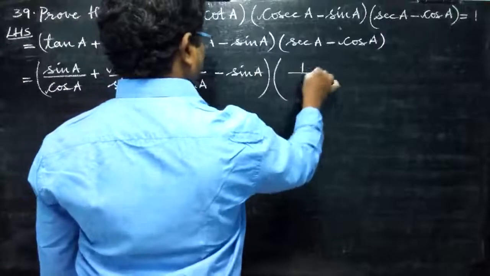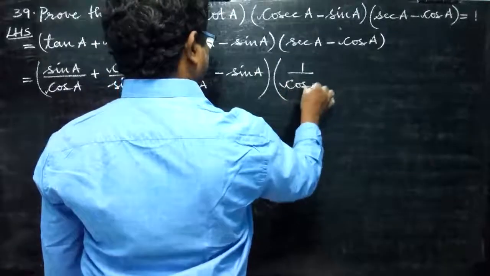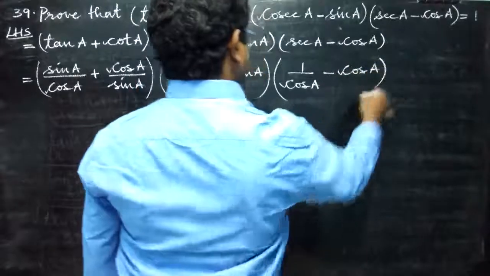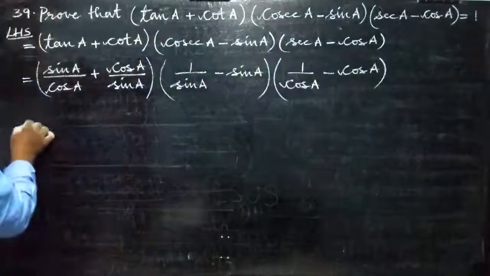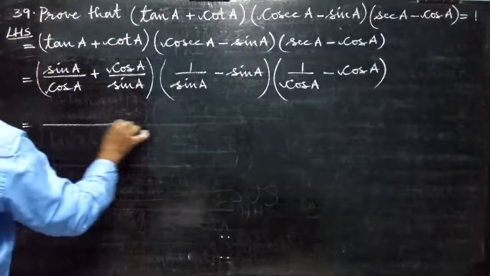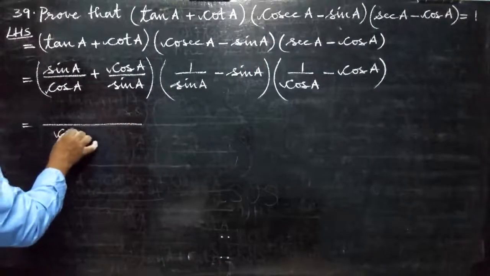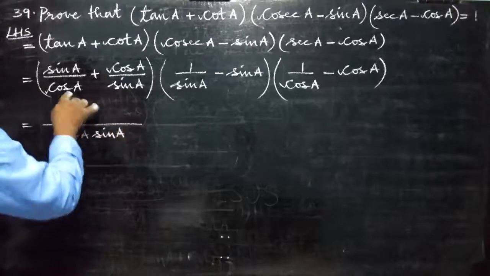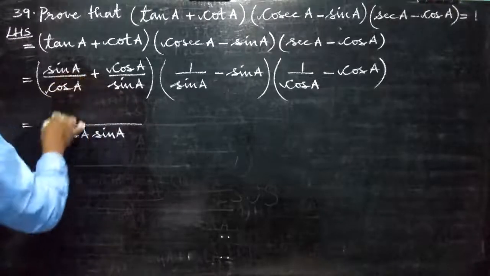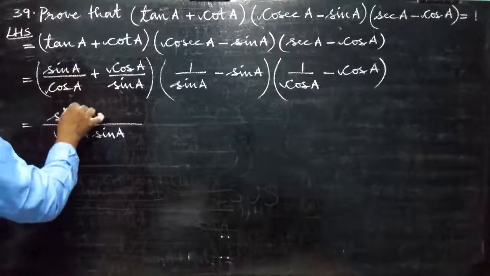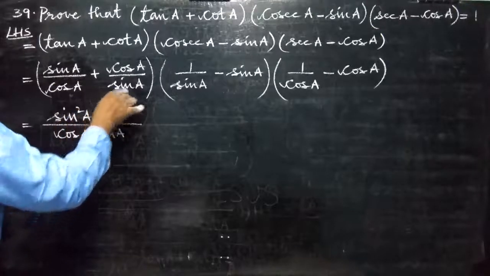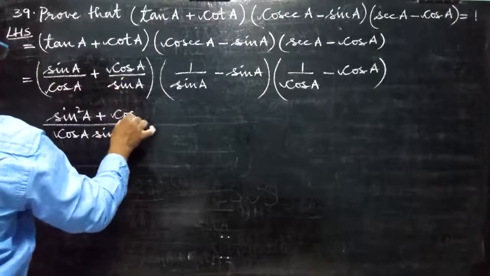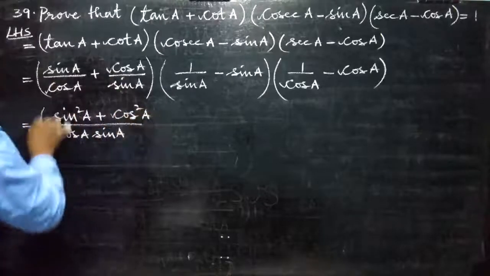Secant A as 1 by cos A minus cos A. Now take LCM here. Here LCM is cos A into sin A. Cos A goes sin A times, sin A into sin A, sin square A, plus sin A goes cos A times, cos into cos, cos square A. Put in a bracket.